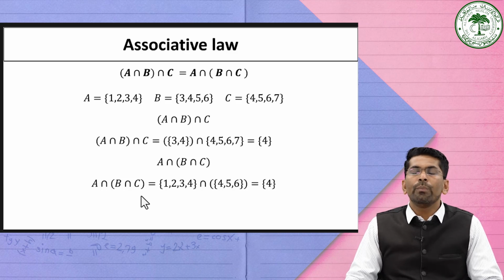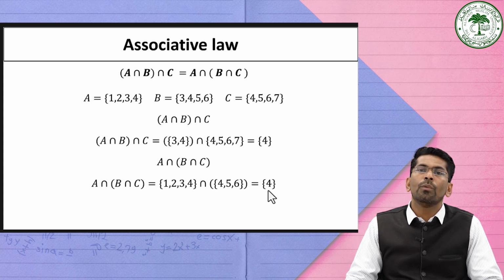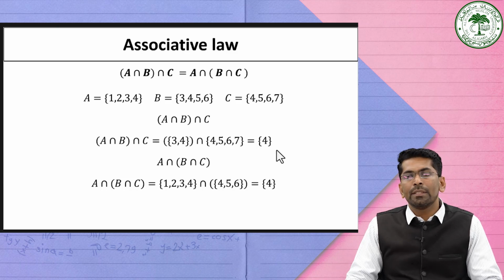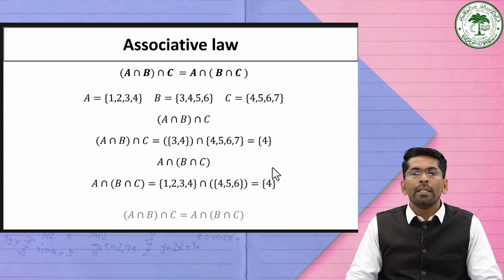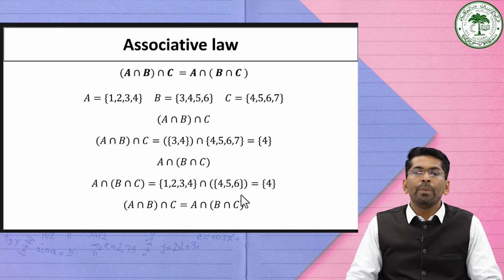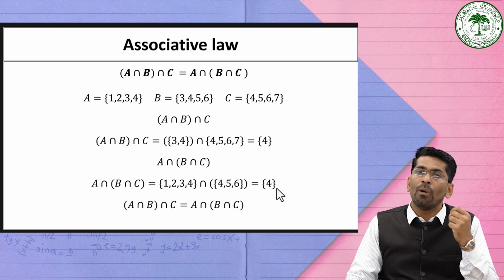So A intersection (B intersection C) is {1, 2, 3, 4} intersection {4, 5, 6}, which is equal to {4}. So (A intersection B) intersection C is also equal to {4}. Hence we can say that the result is the same, that is 4, regardless of the grouping.